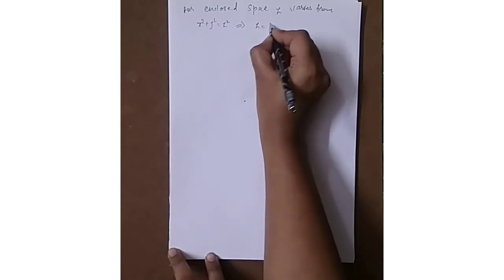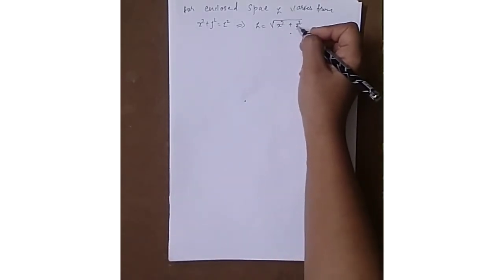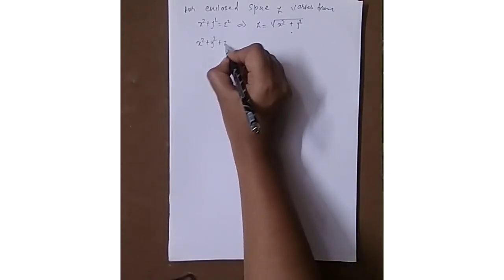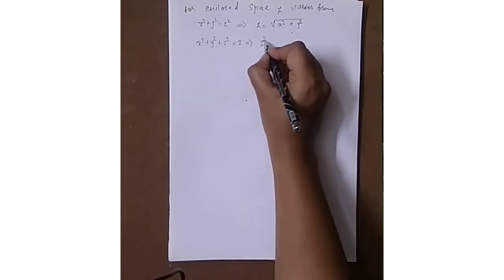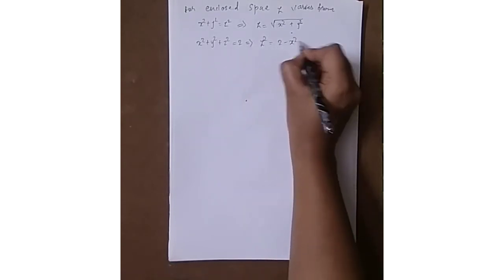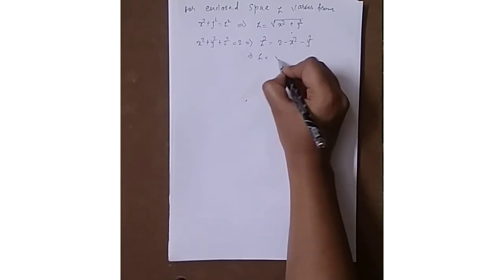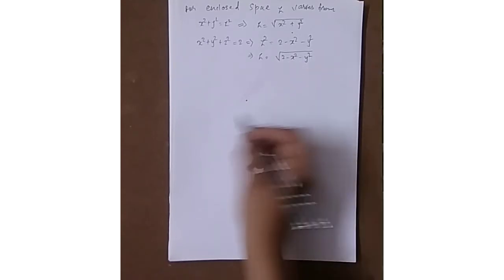So z is equal to square root of x square plus y square, and the other is x square plus y square plus z square is equal to 2. So it implies that z square is equal to 2 minus x square minus y square, and z is equal to square root of 2 minus x square minus y square.